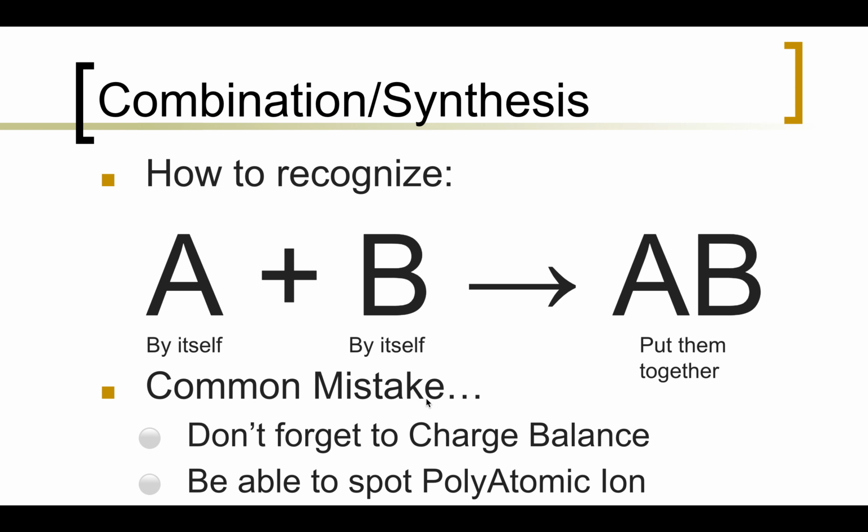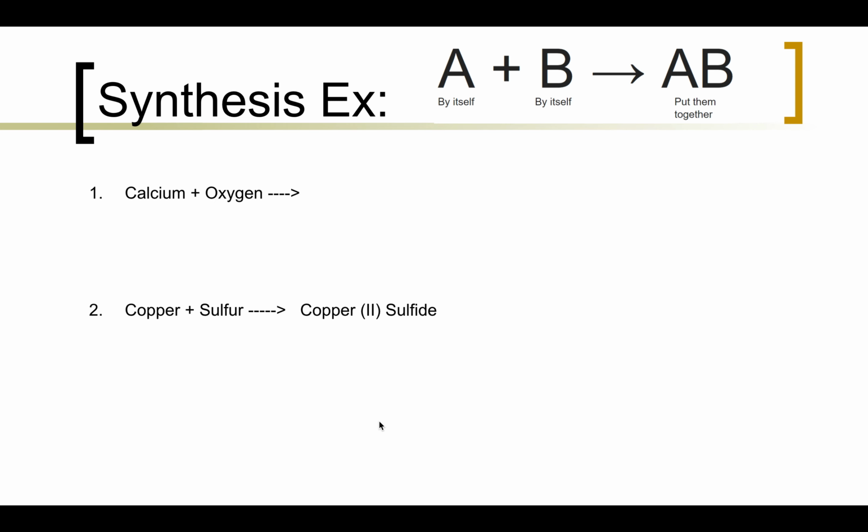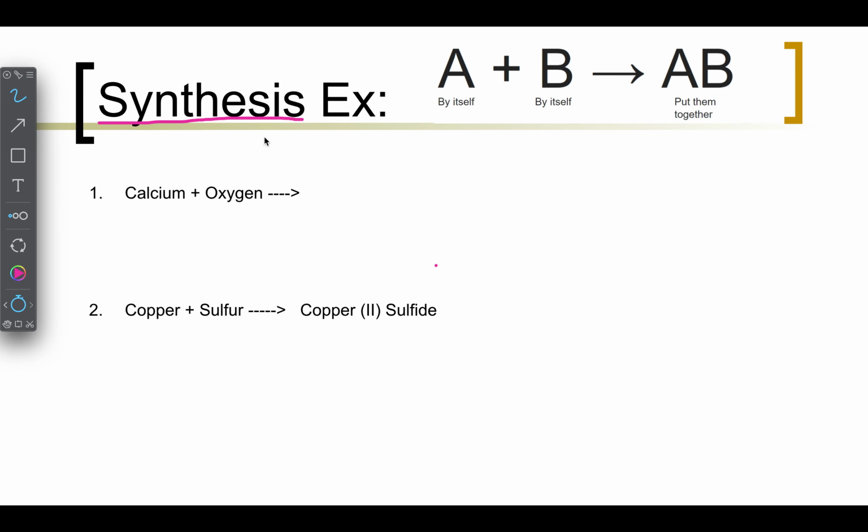So we're starting with our synthesis reactions or combination reactions, right? We want to remember how to recognize it. Two singles become a couple, right? So we're going to practice how to do this, right? So we're starting, okay, with step 1. So step 1 has been done for us already. We know that the reaction type is synthesis reaction, but we could easily figure that out because we have two singles, right? Calcium and oxygen.